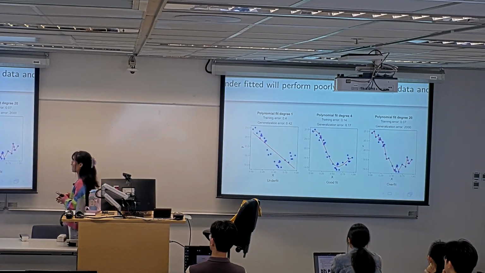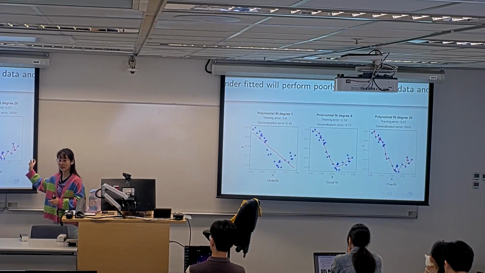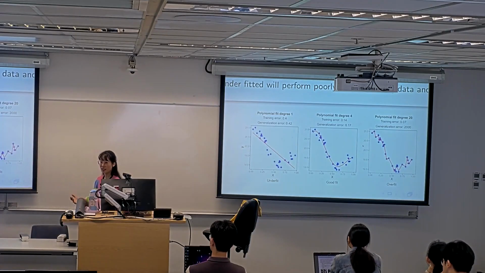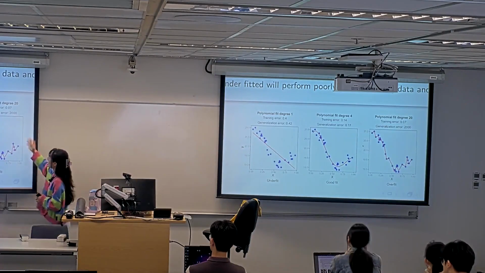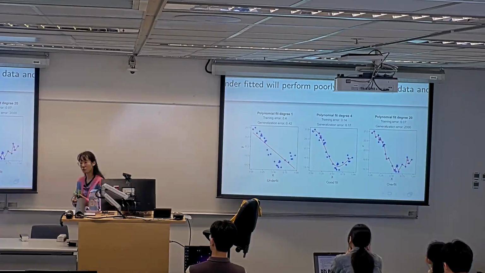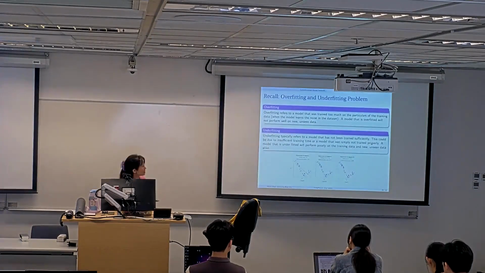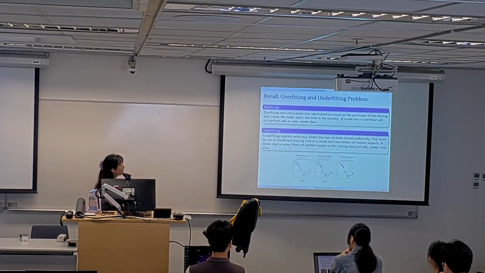As you can see, it matches the training data very well. In this case, the training error is only 0.07, almost 0, but the generalization error is 2000. So basically it cannot fit any unseen data anymore. So this is overfitting.